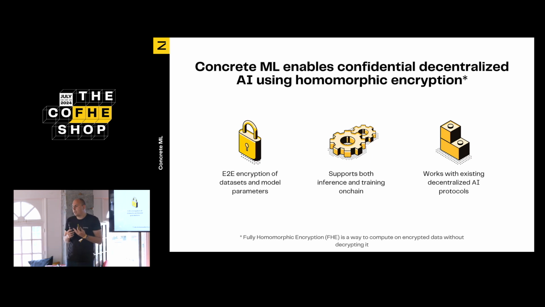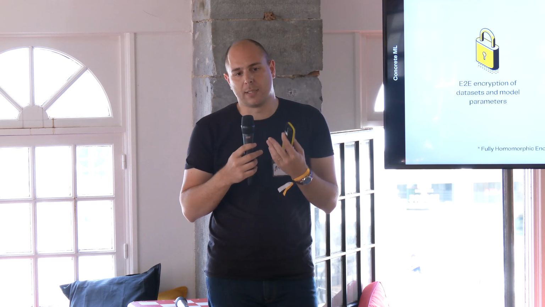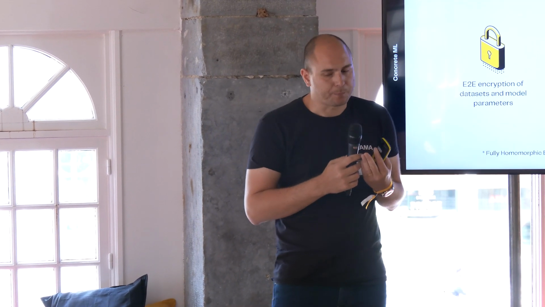That means that only the owner of the secret key can read the results of the machine learning model inference, or can get back the trained machine learning model, a machine learning model that was trained on their sensitive data.